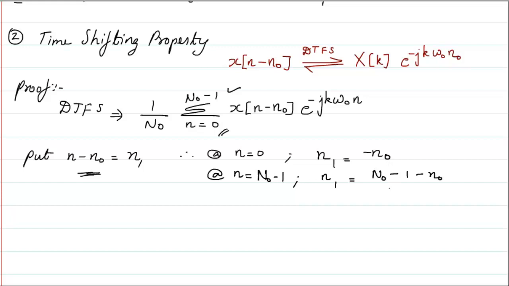Now if you look at the gap between these two values, this one and this one, you will find that the gap is again N0 itself. So it's as good as writing that whatever the limit, it has changed, but the value is basically going to be the same.